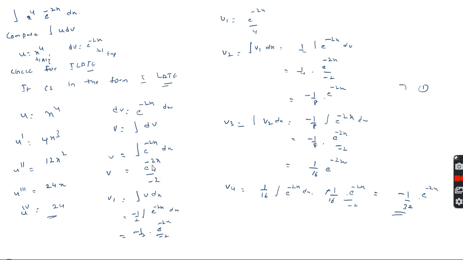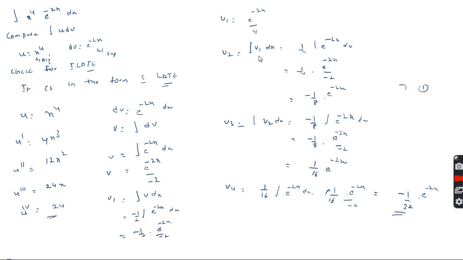Before x we have minus 2, so we write it as divided by minus 2. And similarly v1 is the integration of v dx. So minus 1 by 2 is taken outside, and the integration of e power minus 2x, which we already found as e power minus 2x by minus 2. So v1 equals e power minus 2x by 4.